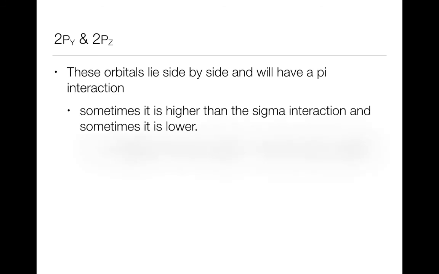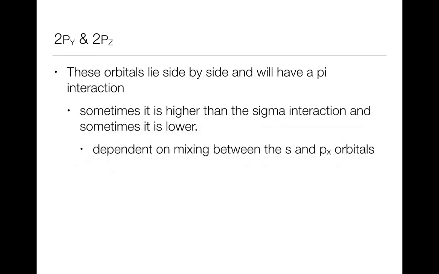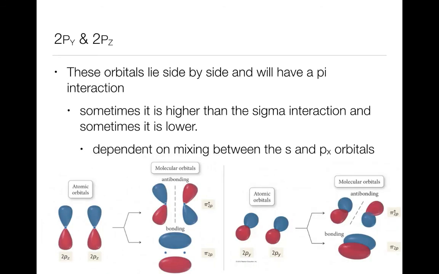Because we're looking at molecular orbitals and delocalizing all of our electrons across all the different orbitals, there gets to be a mixing in that sigma interaction between the s orbital and the px orbitals, and the higher the amount of mixing, the higher the energy that particular sigma molecular orbital is going to be.